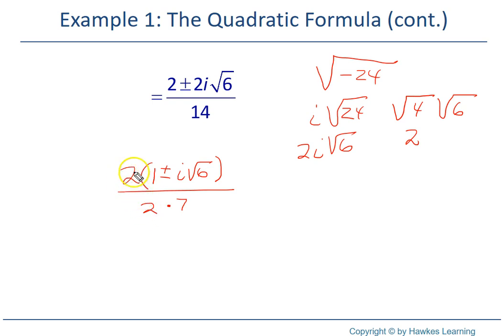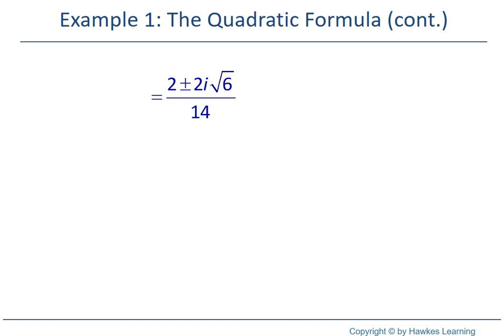So now we have a common factor of 2, so we can cancel that out. So then our final answer is 1 plus or minus i, the square root of 6, all over 2. Okay. So you see where it's coming from here.